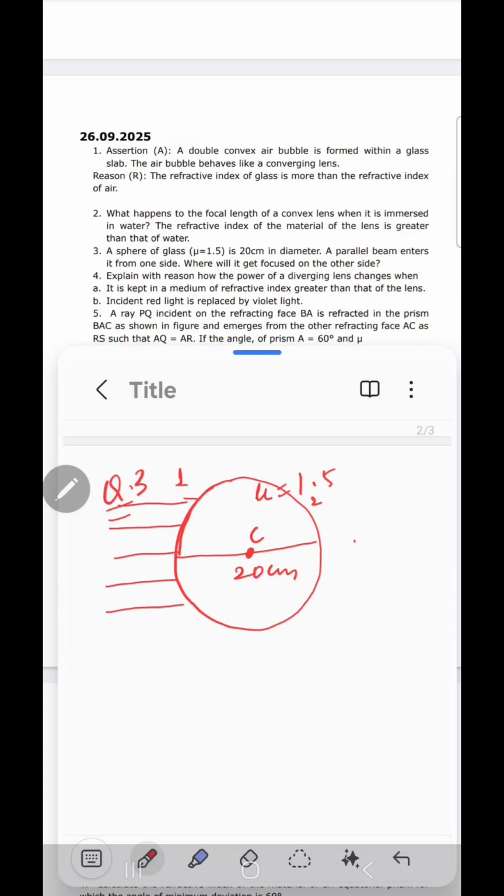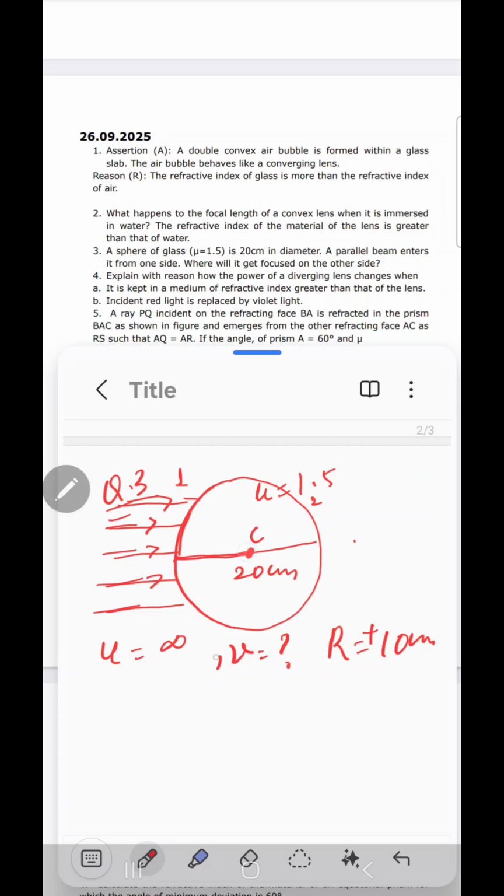Now let us first check what is the position of the image. As these rays are coming from infinity, being parallel, you would write u as infinity, v we have to find out, and the radius of curvature here is 10 centimeter. As it is in the direction of the incident ray, this would be positive.